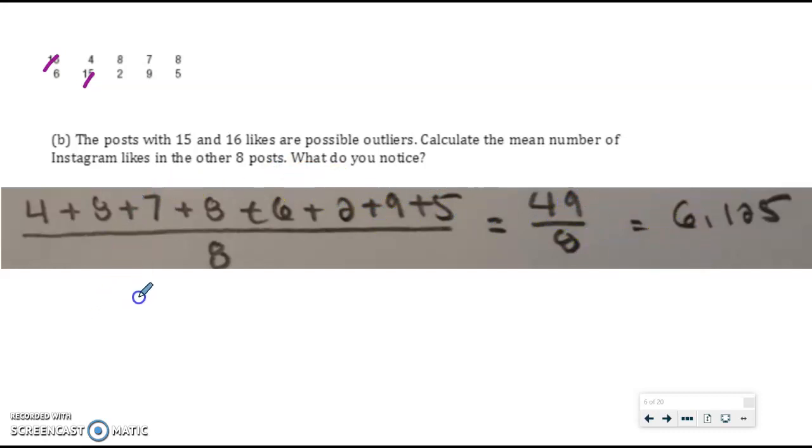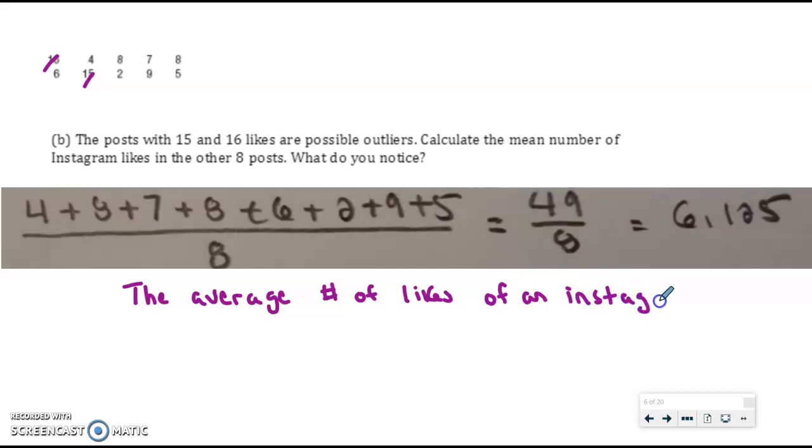If I were to ask you to interpret it, which we will talk about, we would say that the average number of likes of an Instagram post for AmStats is 6.125 likes. That's when we take away those values.